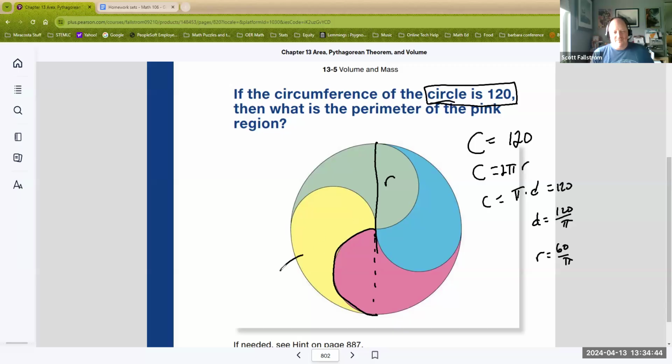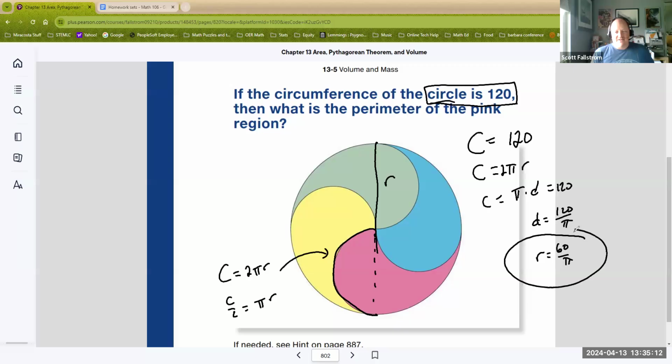And I want the circumference of this component. But remember, the circumference is pi times the diameter. So the circumference of this one right here, I only want half of it. So it's probably better to say the circumference of the smaller one would be 2 pi times the radius, but half the circumference would be just pi times the radius.